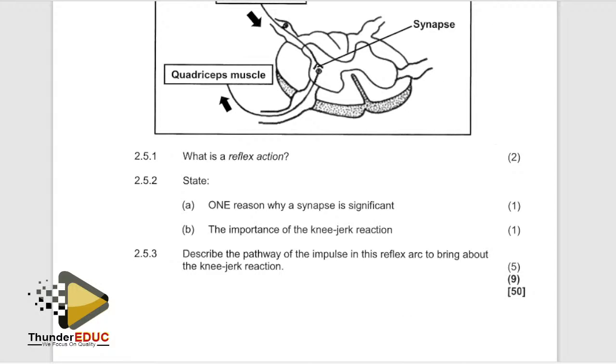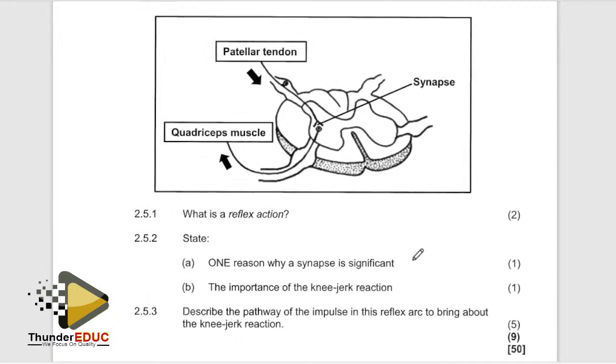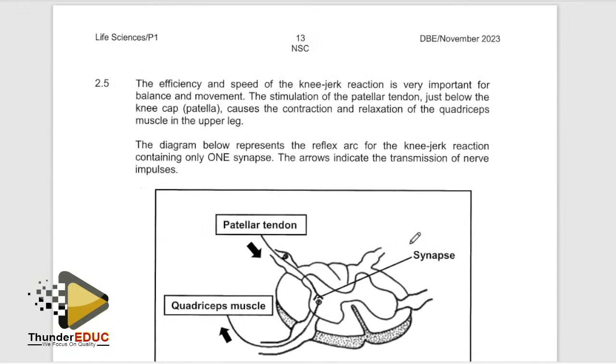What are they saying? They're saying that the efficiency and the speed of the knee-jerk reaction is very important for the balance and the movement.